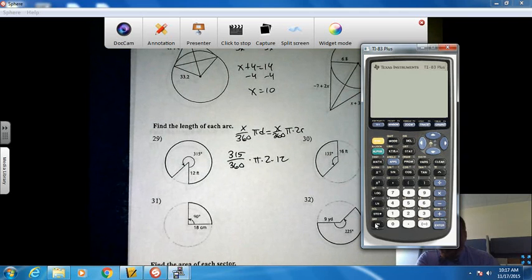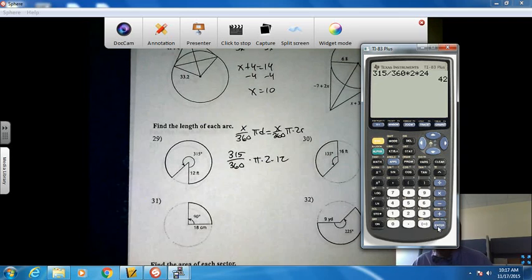So 315 divided by 360, leaving out pi, times 24. Okay.